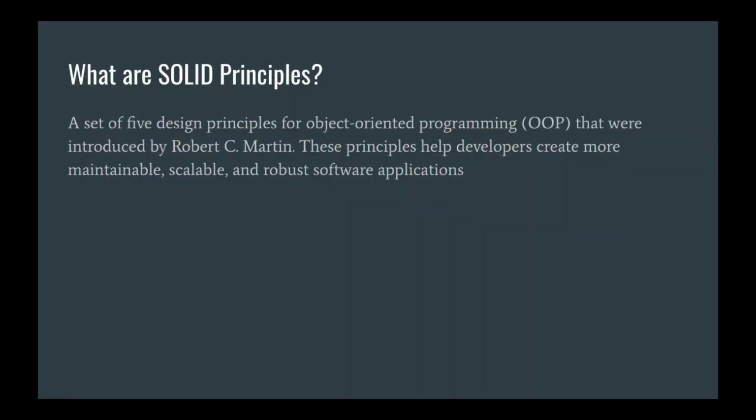So, what are SOLID principles? It's a set of 5 design principles for object-oriented programming that were introduced by Robert C. Martin, and this was around the year 2000 in one of his papers that he submitted. These principles help developers to create more maintainable, highly scalable, and robust software applications.